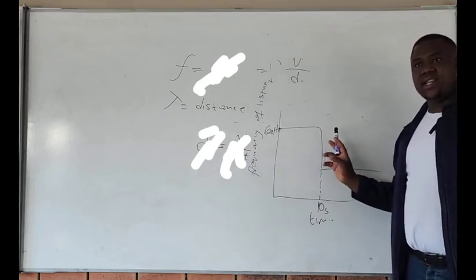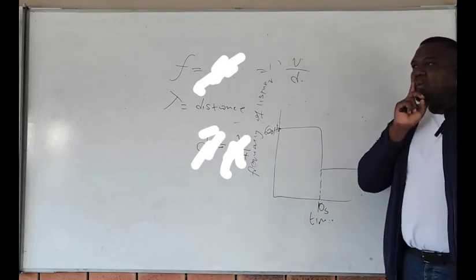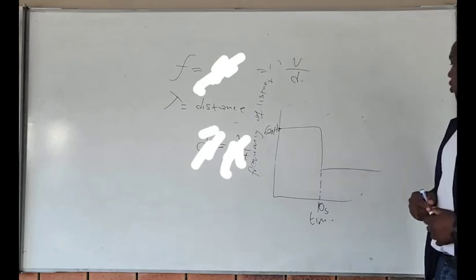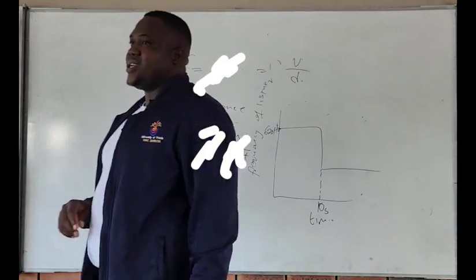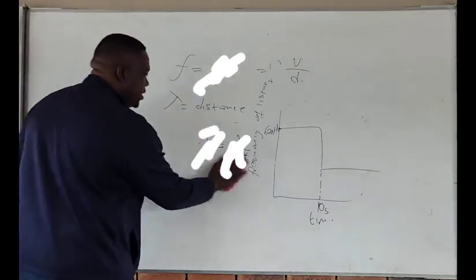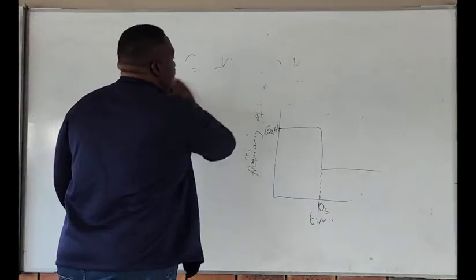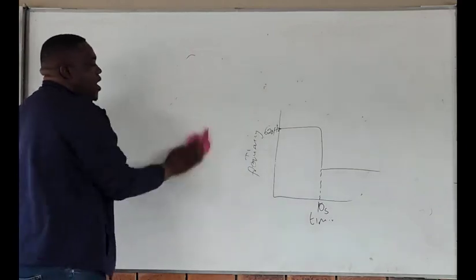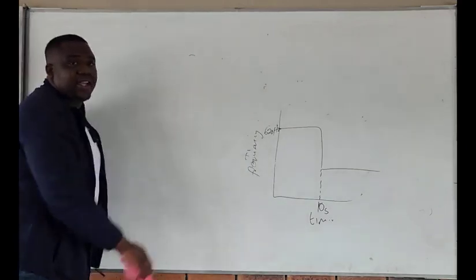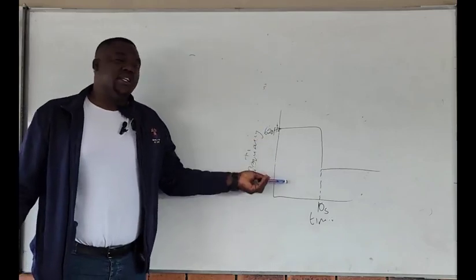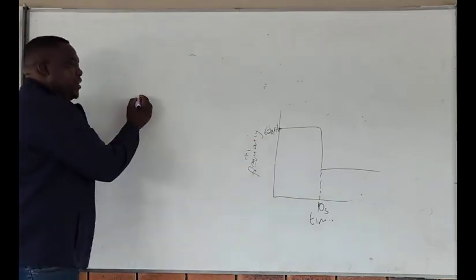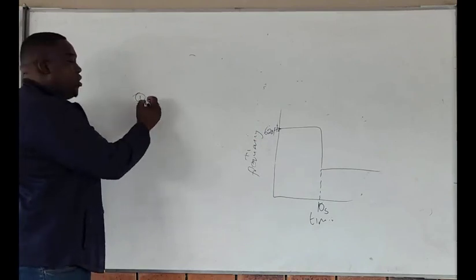Why is there a sudden decrease? We may even entertain this graph, because you will find that some other time this graph is set. Let us entertain it. Why do we have a sudden decrease in the frequency? You can see that the frequency was 620, then it suddenly decreased.